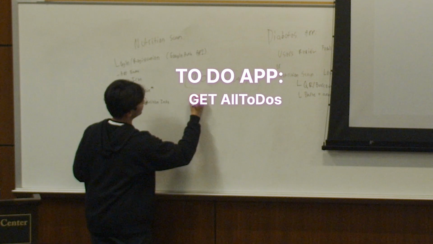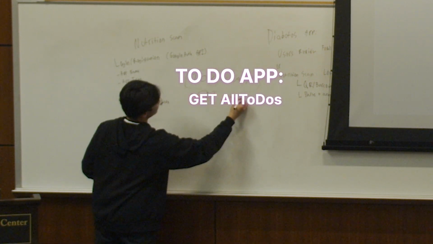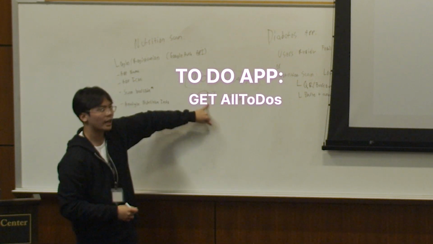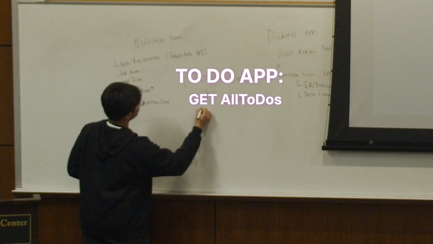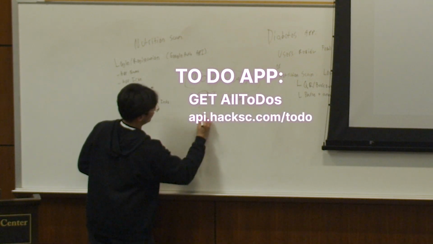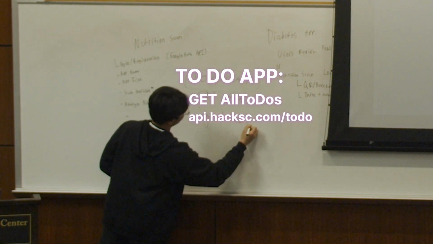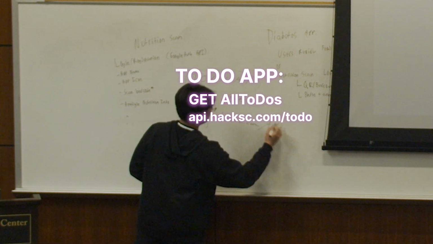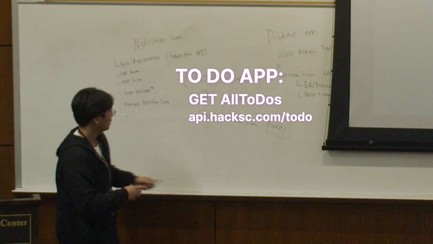You expose services like, oh, get all to-dos, and often that's used as an endpoint, and then you have your URL with it. So for example, api.hacksc.com, and then slash to-dos. This is the endpoint, and there can be multiple endpoints that do several things.